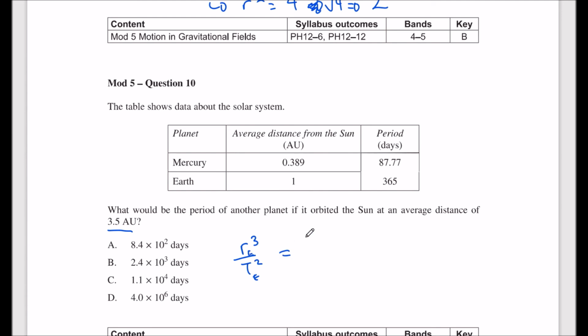Okay, so our other planet can just be written like this. If we know the constant from Earth or Mercury, we can then use that to help us find the period for that particular planet. I'm just going to flip this equation around first because I want to make T squared the eventual subject.